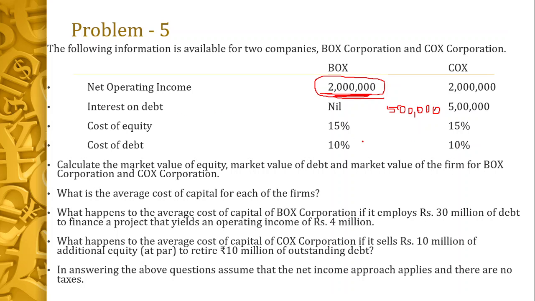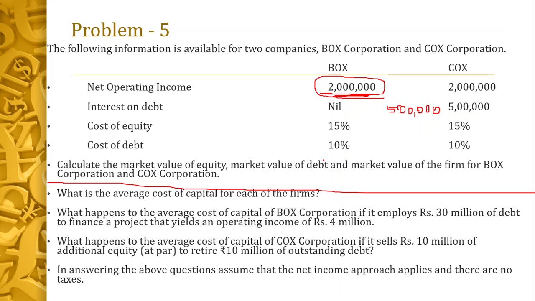Now, you have to calculate the market value of equity, market value of debt, and market value of the firm for both Box Corporation and Cox Corporation. So, up until this we shall solve first. So, the first two situations: calculate the total value of Box and Cox, total market value. When you have to calculate the total market value, you shall get the total market value of equity and total market value of debt.